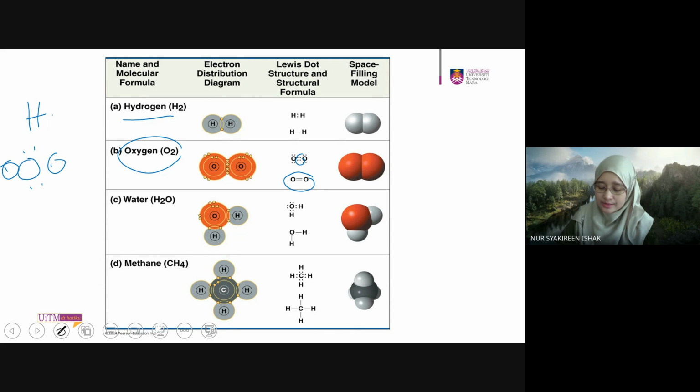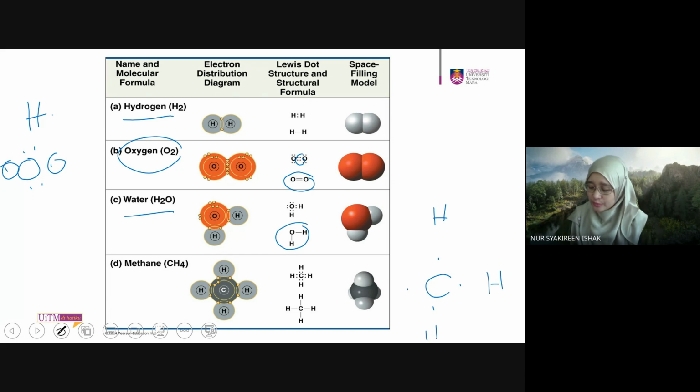In the water molecule H2O, oxygen again has 6 valence electrons. I have given you the explanation earlier. The water molecule is formed between one oxygen and 2 hydrogen atoms, and the oxygen and hydrogen involve the formation of covalent bonds as well. Then also methane. Carbon is the atom that has 4 valence electrons, so it has to find another 4 atoms that can contribute to the pairing of electrons.